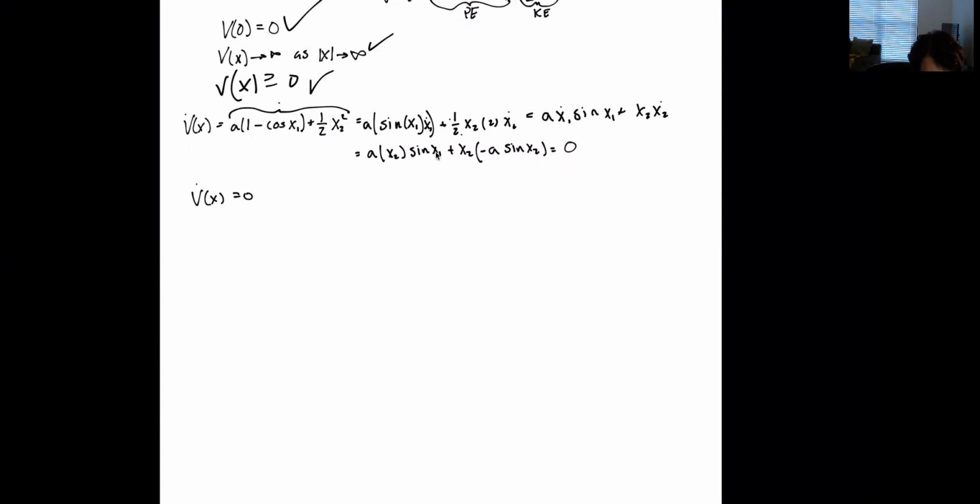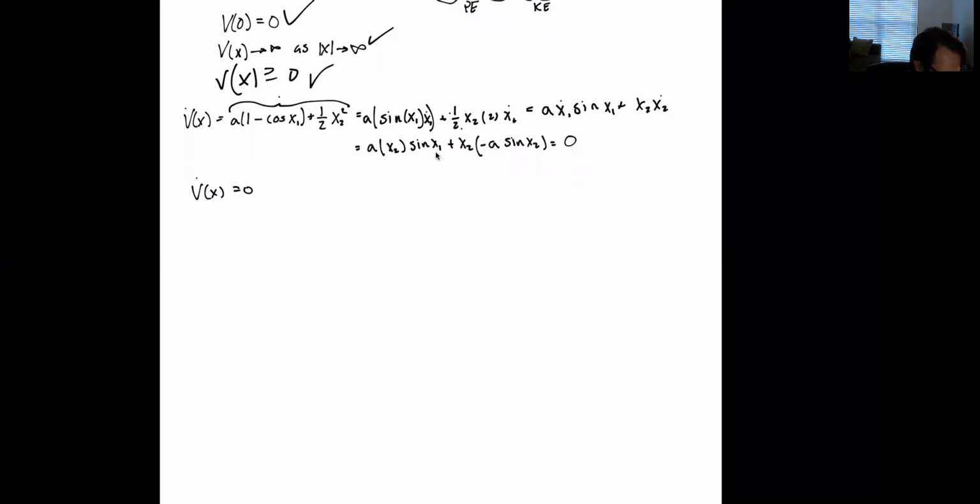In fact, if we have v dot equal to 0, this shows us that solutions do not converge to the origin.